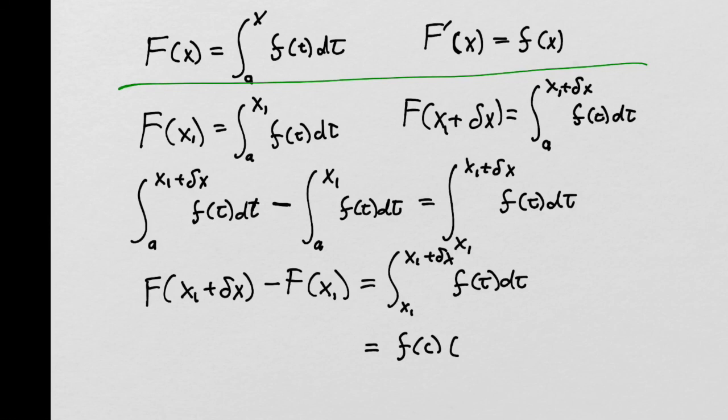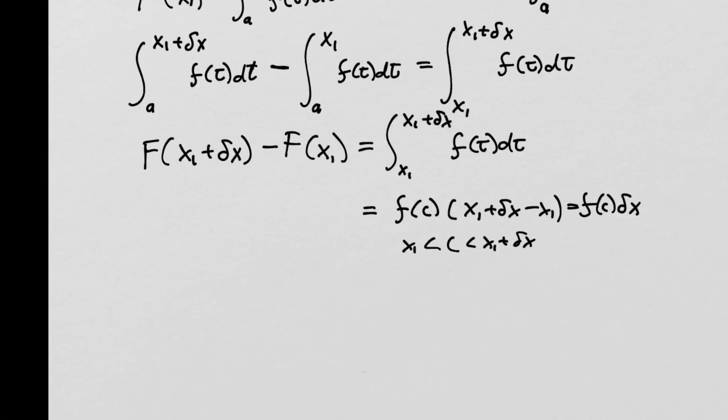I won't be proving that one, but that difference is going to be x1 plus delta x minus x1, which equals f of c times delta x, with c less than x1 plus delta x and greater than x1.